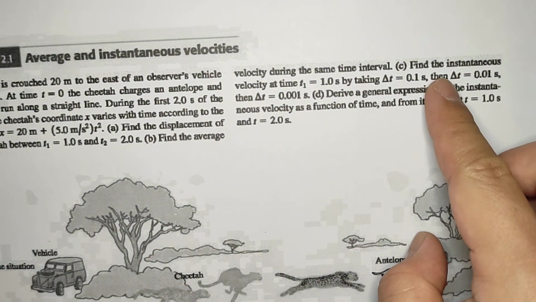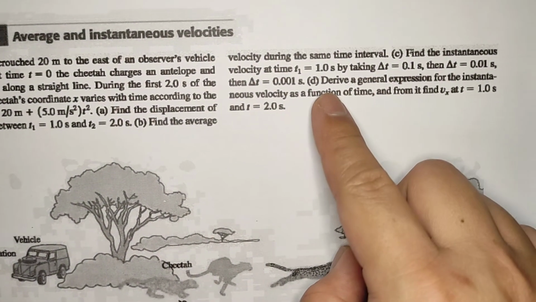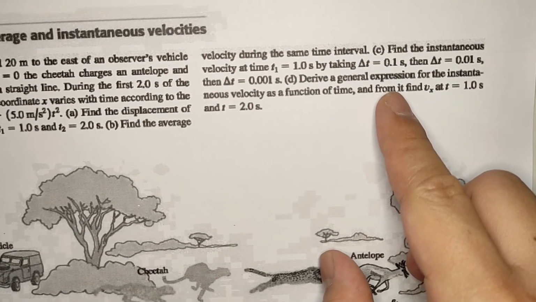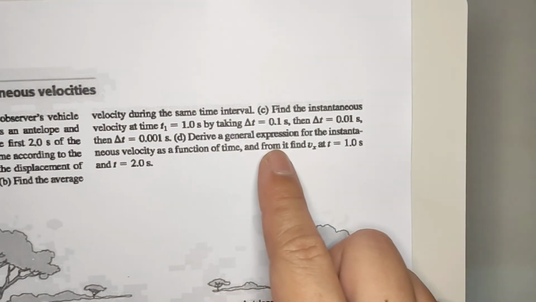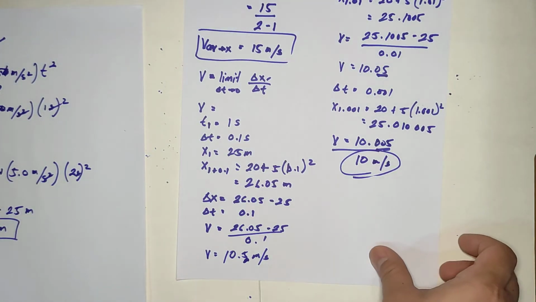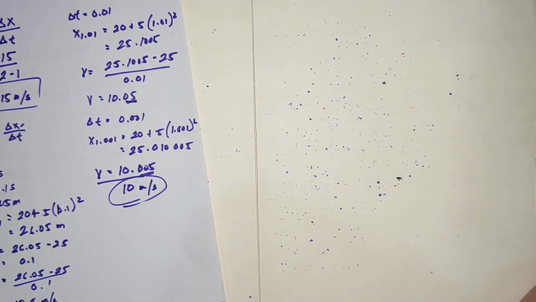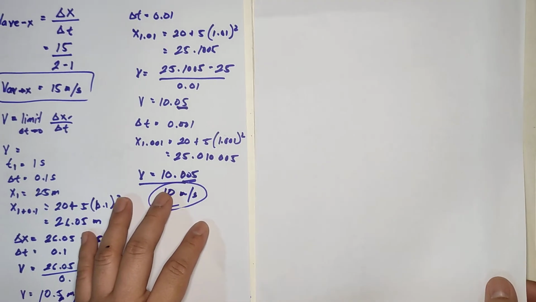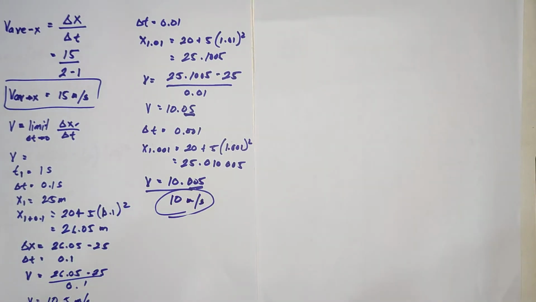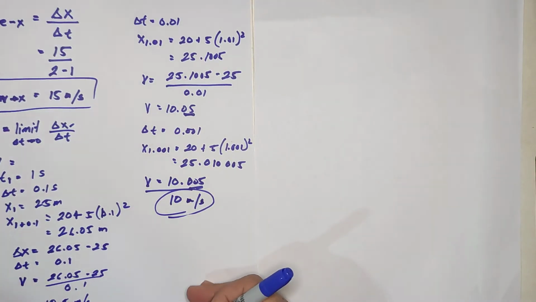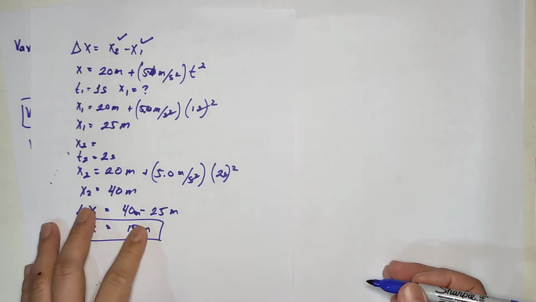So that's it for letter C. Okay, letter D, you have to derive a general expression. So this is the easiest one. This is the use of your differential calculus. Again, there is nothing fancy about our differential calculus here. So it's just very easy. You have to derive the equation.